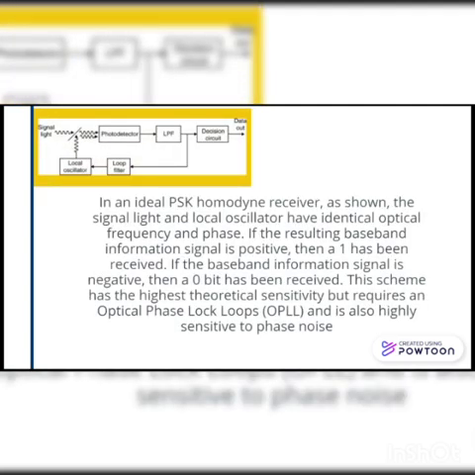In an ideal phase shift keying homodyne receiver, as shown, the signal light and local oscillator have identical optical frequency and phase. If the resulting baseband information signal is positive, then a 1 has been received. If the baseband information signal is negative, then a 0 bit has been received.